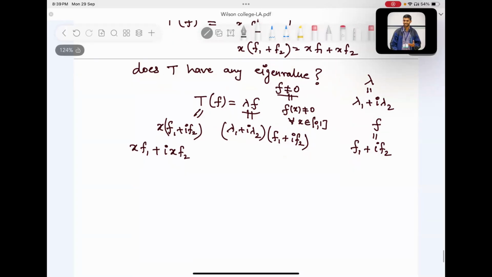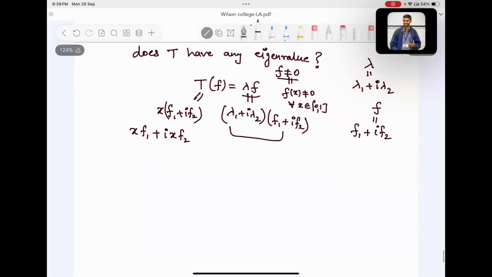Now simplify this term. What you will get is lambda 1 f1 minus lambda 2 f2 plus iota (lambda 2 f1 plus lambda 1 f2). Correct?